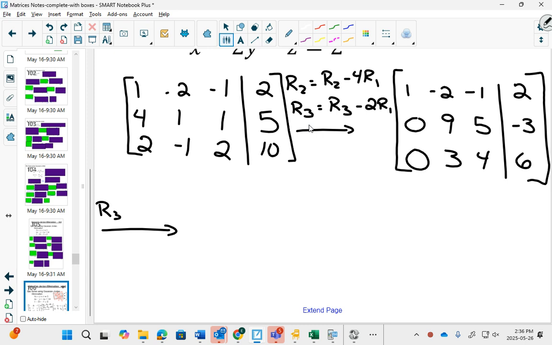Because if I do any math with row 1, what's going to happen to the 0 in the bottom left-hand corner? Yes, left. Good. That 0 in the bottom left-hand corner is not going to be a 0 anymore. So I'm going to have to use row 3. I'm going to change row 3. I want to get that 0 here. And I have to use row 2.